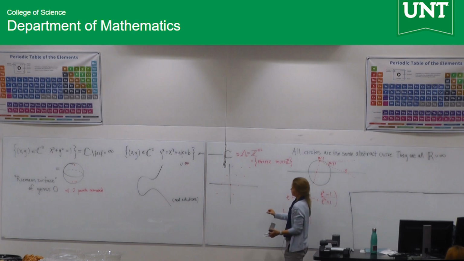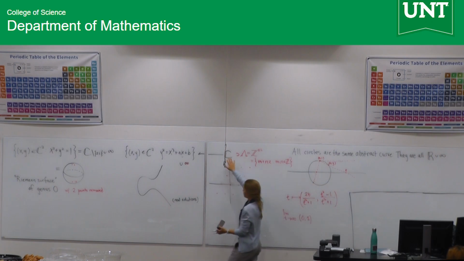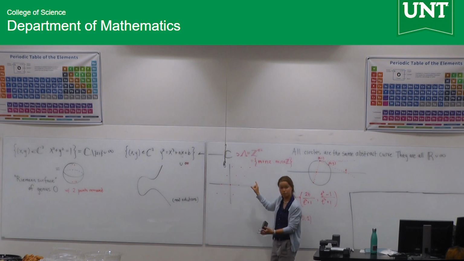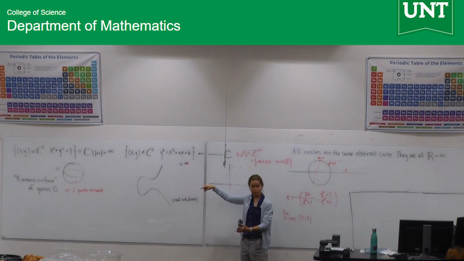And so the way this map works is it wraps up C onto itself in such a way that if 2 points have a difference which lies in the red set, then they're sent to the same point.